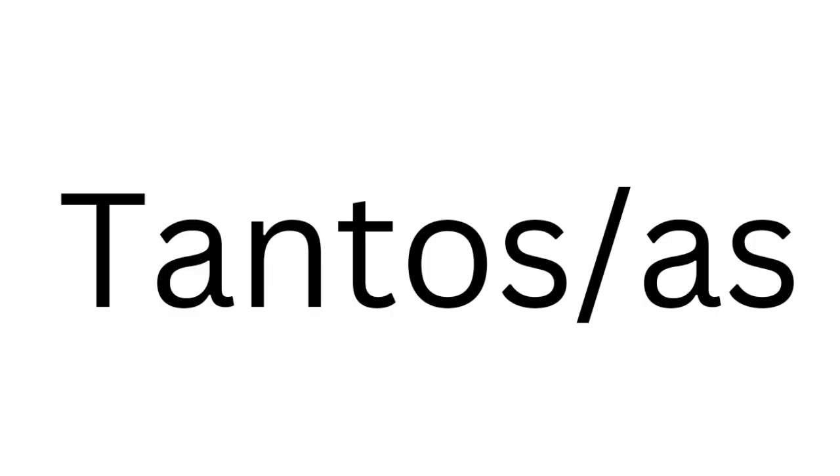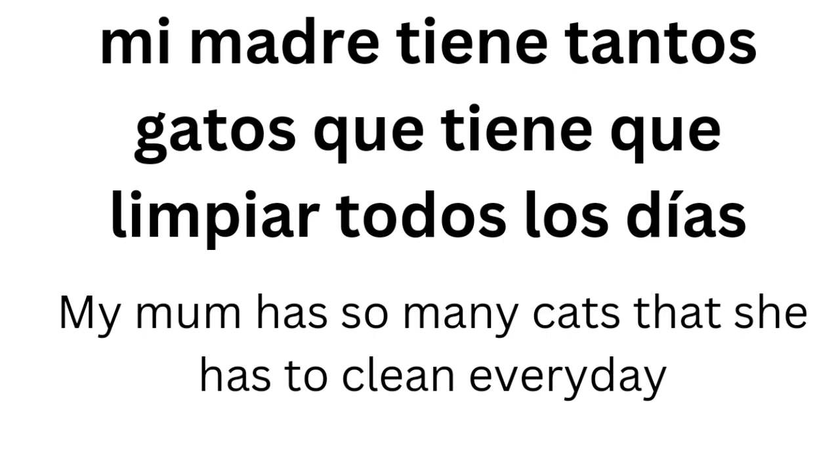Now I know what you're thinking next, Juani, what about tantos? And it's very simple. Basically, what we're talking about is plural. All we have to do is say tantos instead of tanto. Por ejemplo, mi madre tiene tantos gatos que tiene que limpiar todos los días.